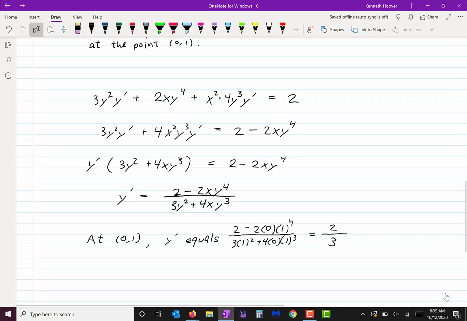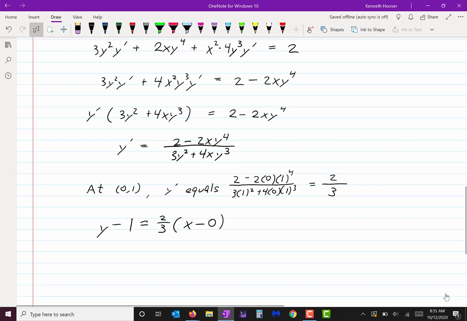So what do we have? Our tangent line would be y minus 1 equals 2/3 times x minus 0. There we go. We're done.